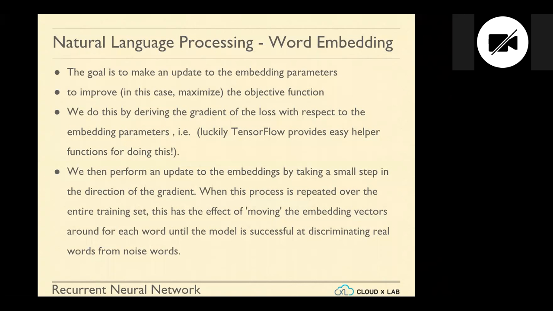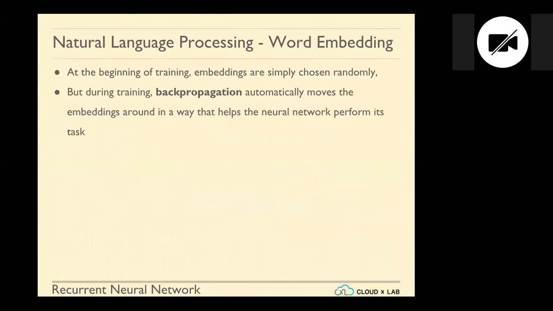Okay, so all we are going to do is take the real words, fit them and compare with the distractors, random distractors or random noise, and tweak the embedding of the word such that the value of the loss is minimum overall, right? So that's basically the idea.